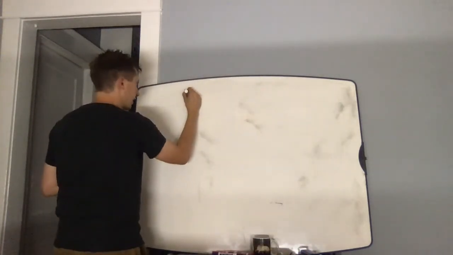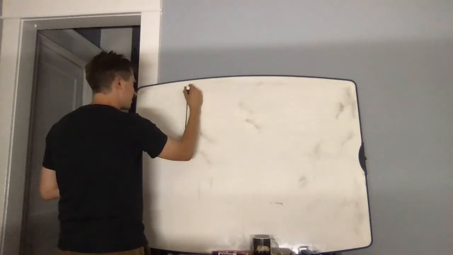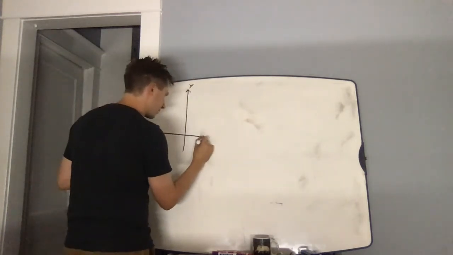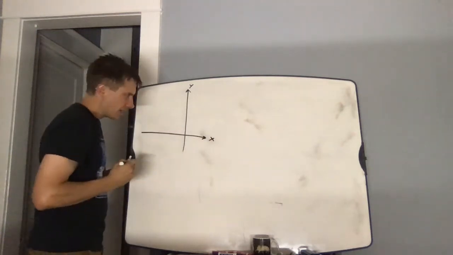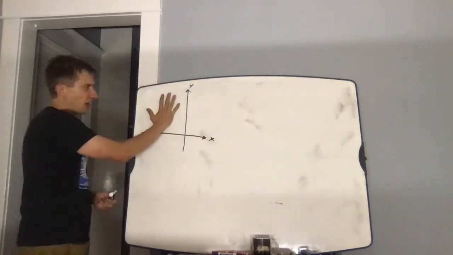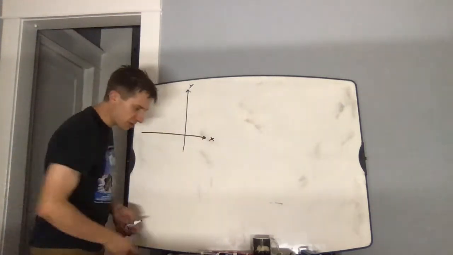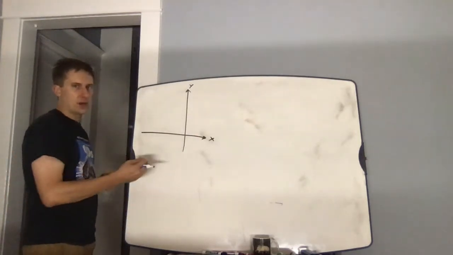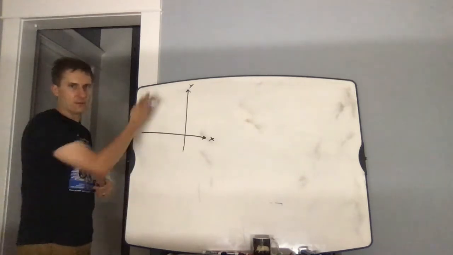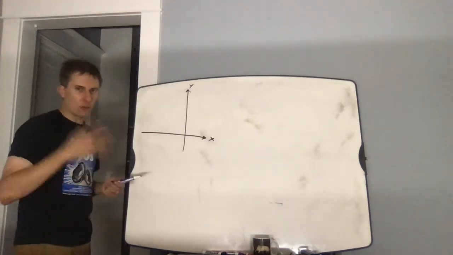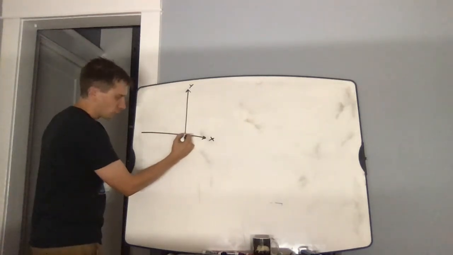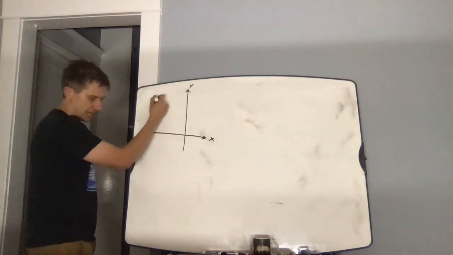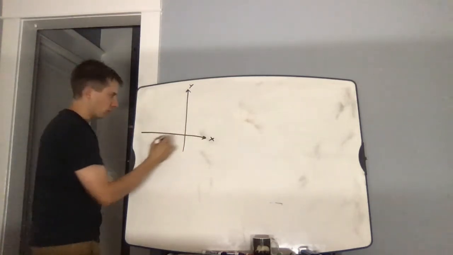Here is my y-axis. Here is my x-axis. And I drew this with a lot of space in the second quadrant because looking at the numbers I found, I have a negative number for my x component and a positive number for my y component. So I know I'm going to move negative 1.46 to the left and positive 1.73 upward.